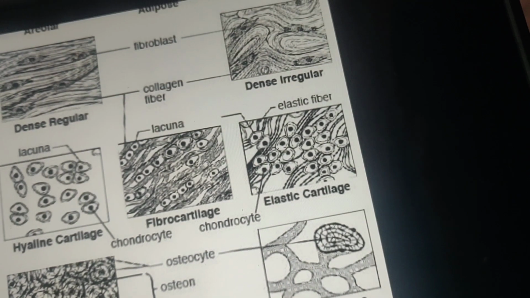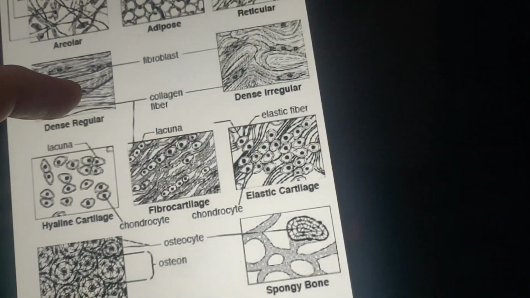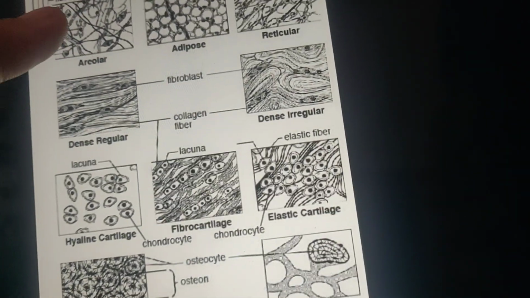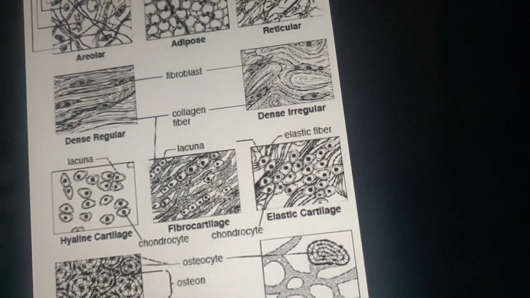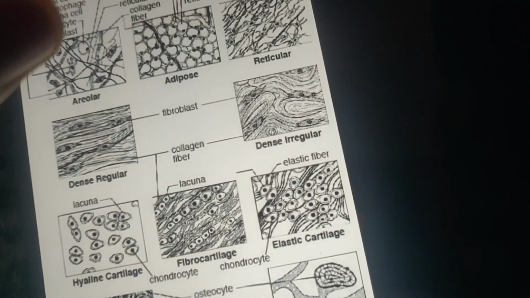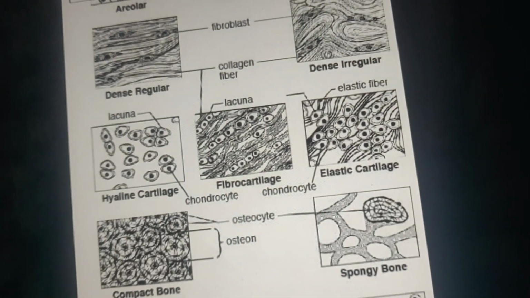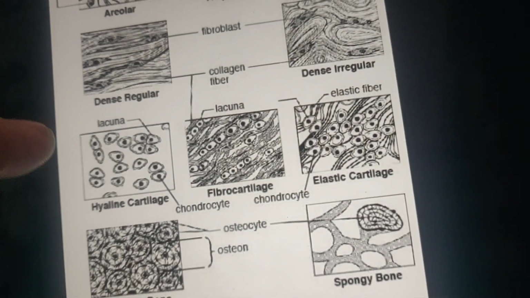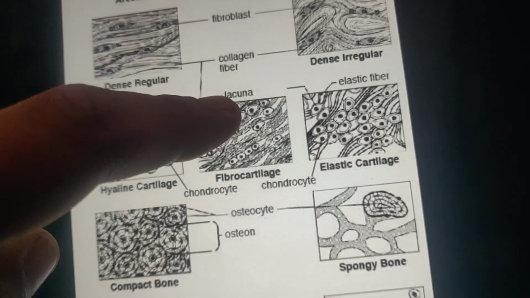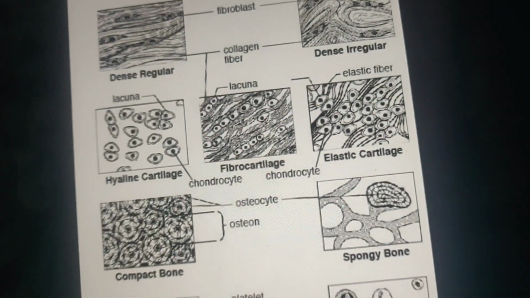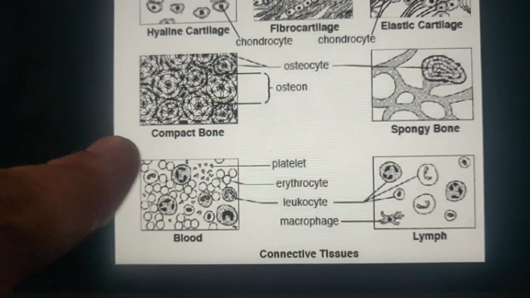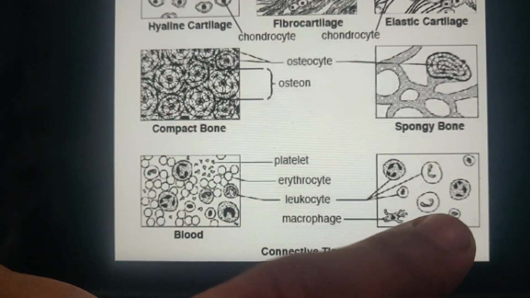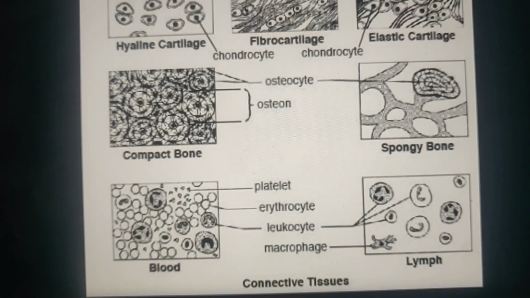So this is regarding the connective tissues, and all this you need to remember. Areolar, adipose, dense connective tissues. Again, cartilages: hyaline cartilage, fibrocartilage and elastic cartilage. Again, in bone, compact bone and spongy bone, and also blood and lymph connective tissue.